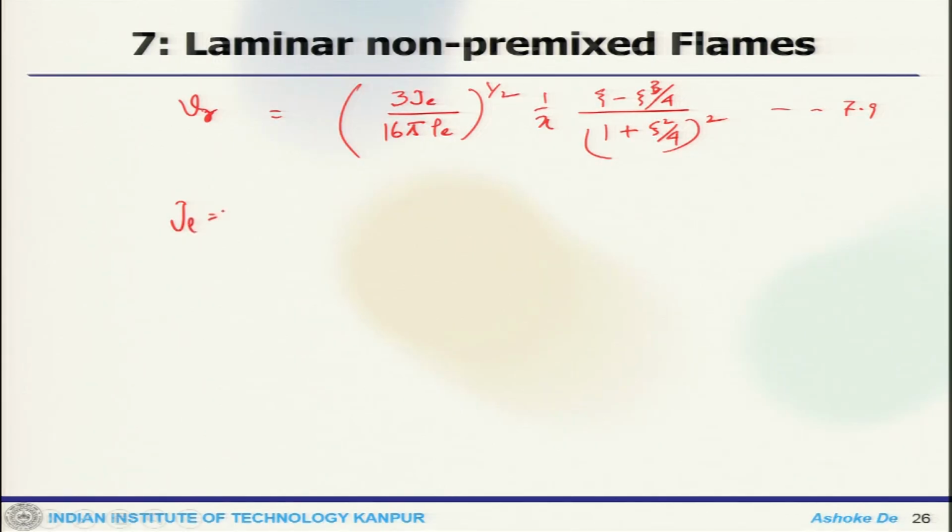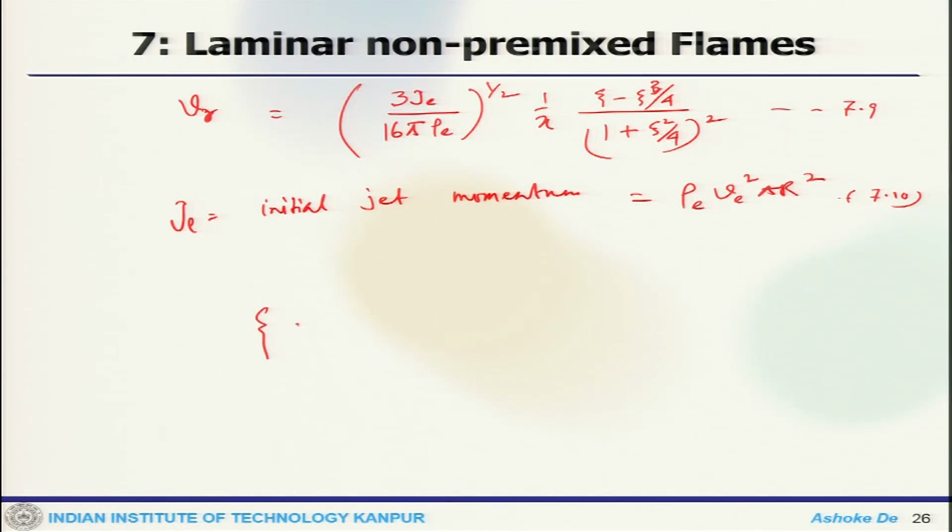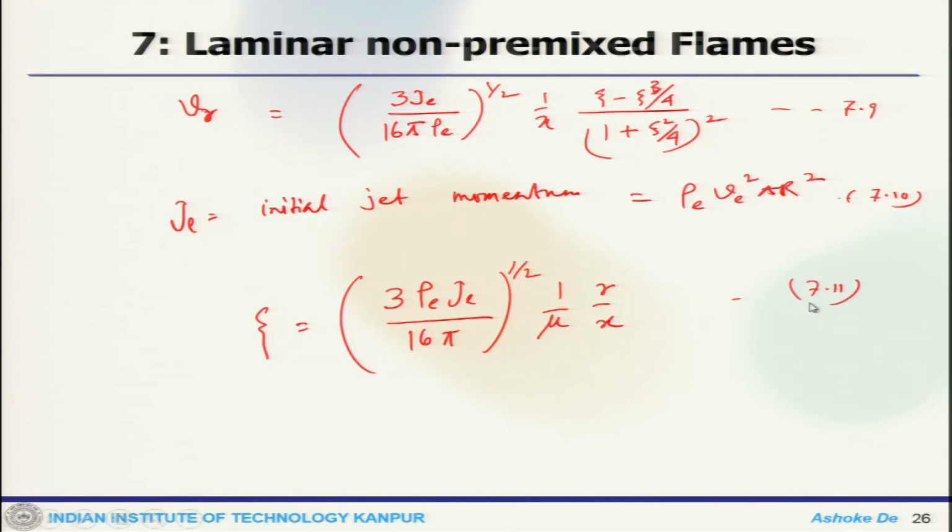So, J_e we have already defined, it is the initial jet momentum, which is rho_e v_e square pi r square, and xi is defined as (3 rho_e J_e over 16 pi) to the power half, times 1 by mu, times r by x. So, these are the definitions for initial momentum and the xi.